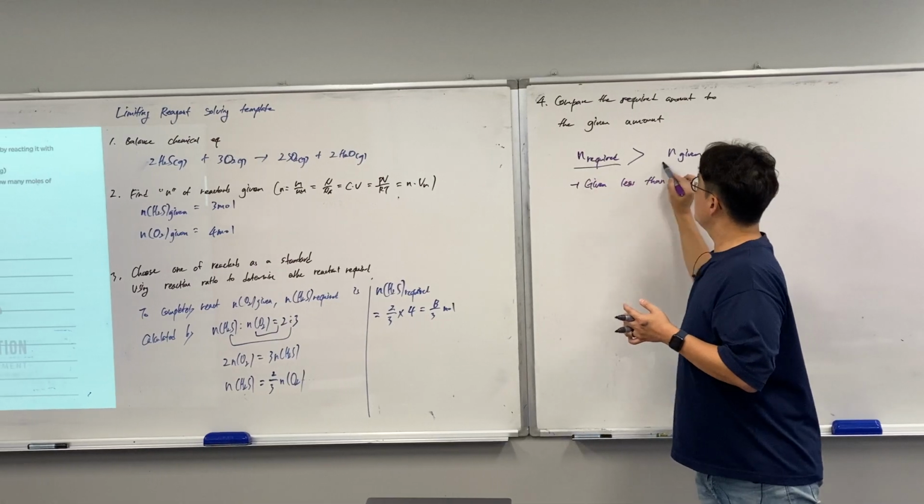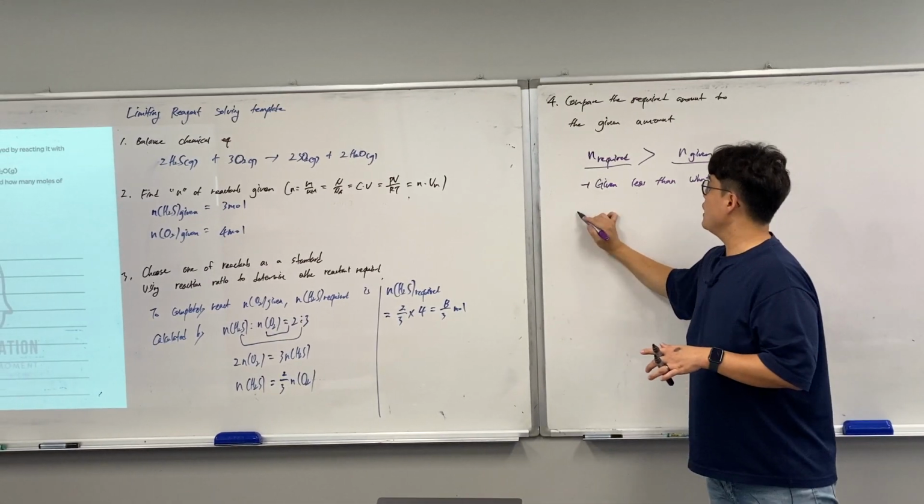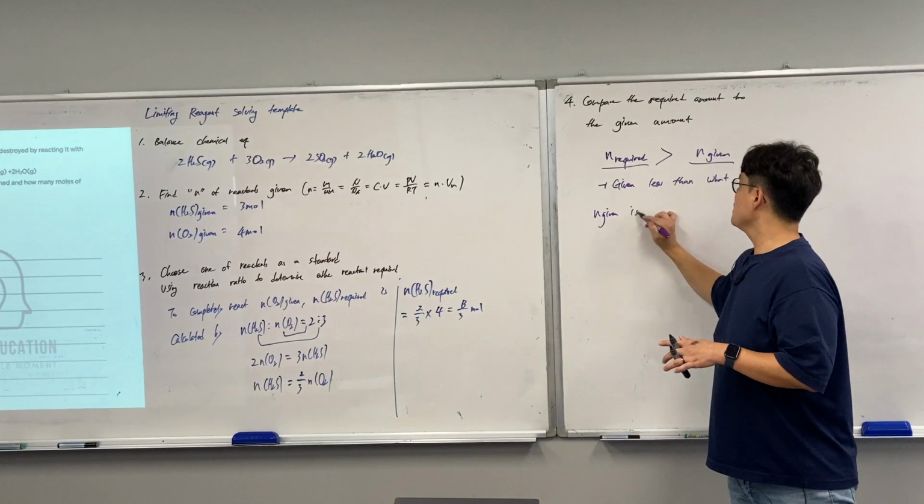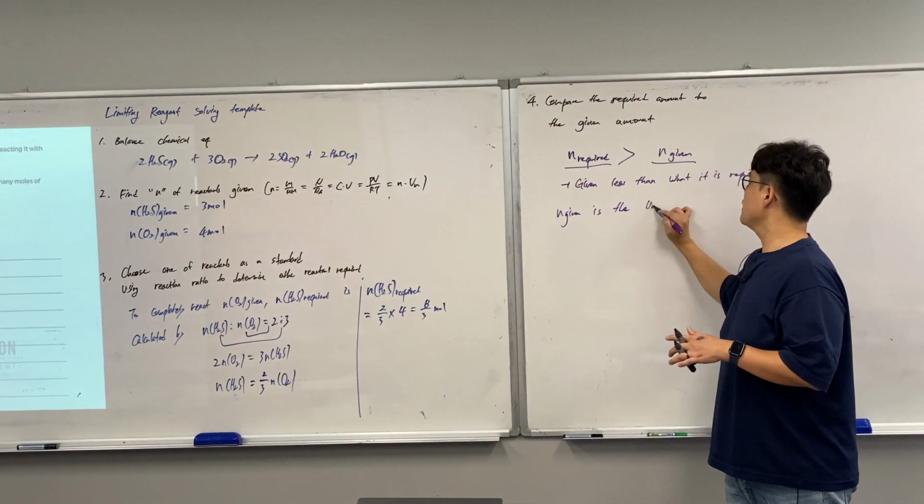That means the N given is the limiting reagent.